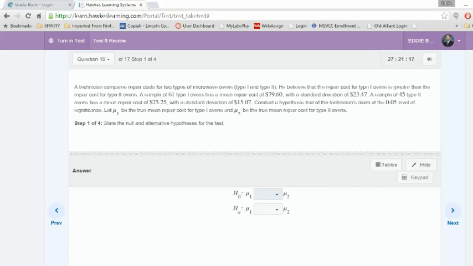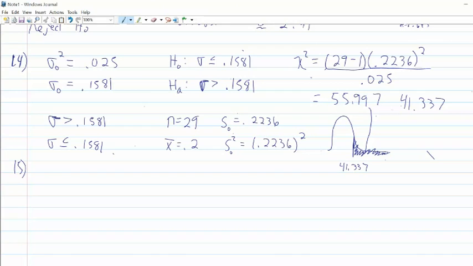Okay, so he believes that the repair cost for type 1 is greater than the repair cost for type 2. So we're going to be looking at a mu sub 1 and a mu sub 2. Here's what he believes: mu sub 1 is greater than mu sub 2. So the opposite of that would be mu sub 1 is less than or equal to mu sub 2.